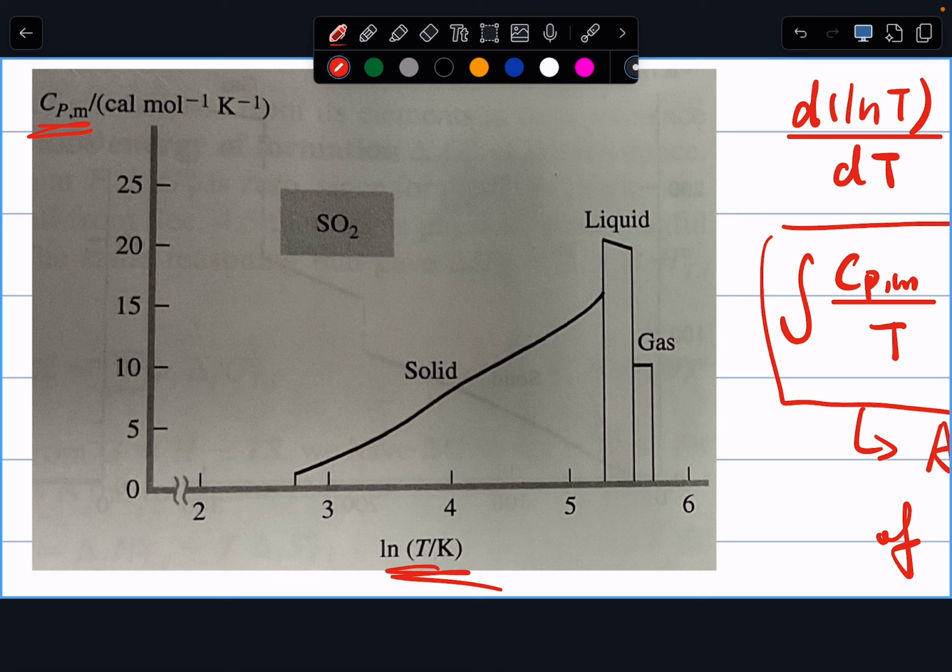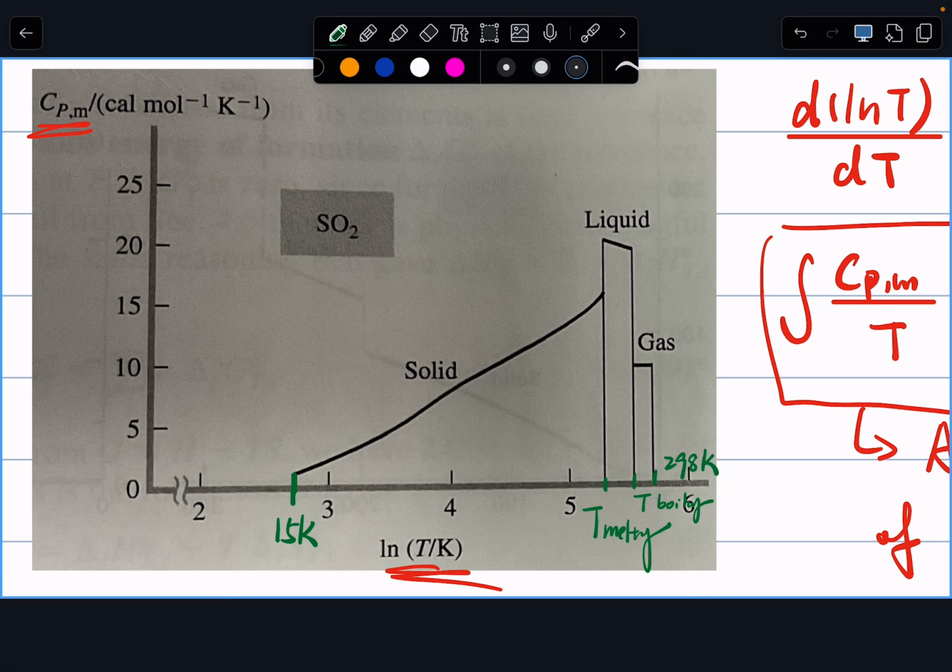If I put those labels on here, this is the 15 K mark. The point where solid becomes liquid is T melting, and where liquid becomes gas is T boiling. The end point is where we want, which is 298 Kelvin.